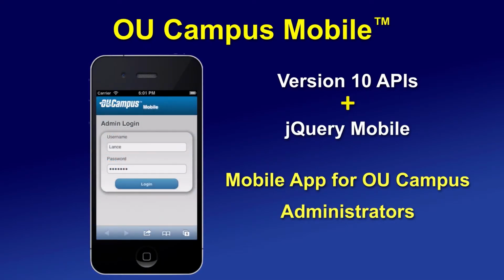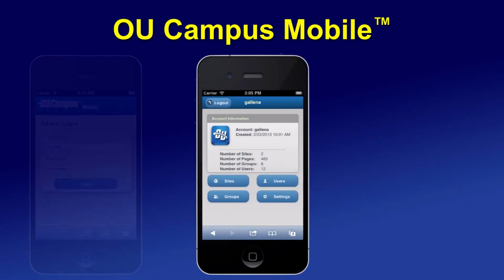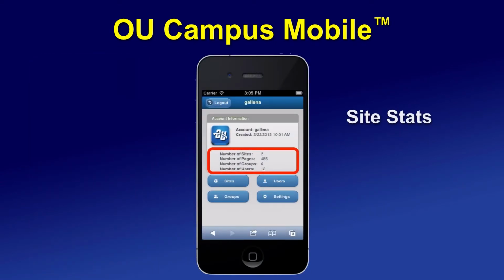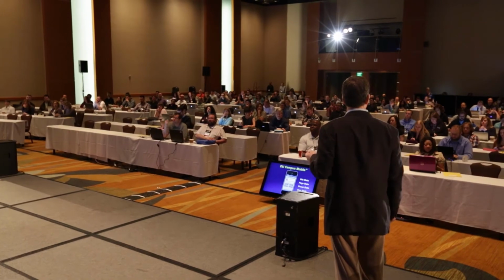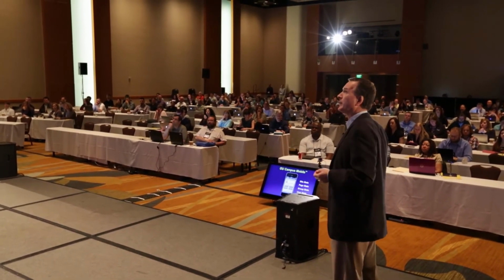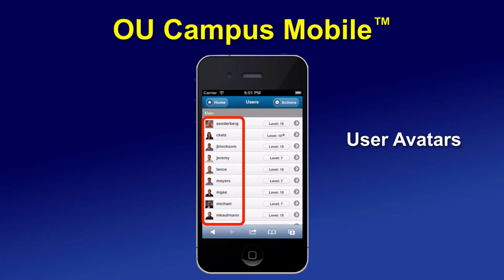So some examples here, you would simply log in very easily here, just as an administrator would. And then you've got some site stats, page stats, group stats, user stats, all right here at your fingertips, no matter where you are. You can see user avatars. So as you manage users, which is a common thing to do as an administrator, you can do this on the go and you can see their avatars as well.